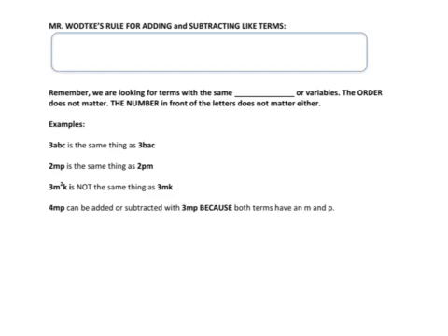Okay, so my rule for adding and subtracting like terms is simply this. Look for the terms with the same letters.